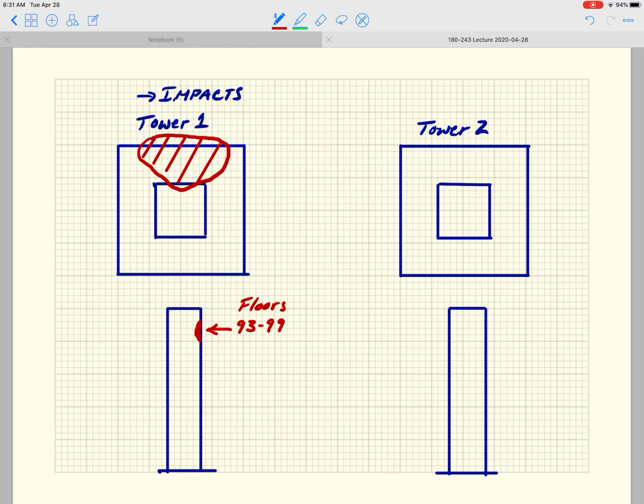Then if we look at Tower 2, right, Tower 2 actually gets hit from the southwest, right? They're sort of heading southeast corner, with the plane heading to the northwest. And it gets hit like right here. Right? And it gets hit somewhere much lower.